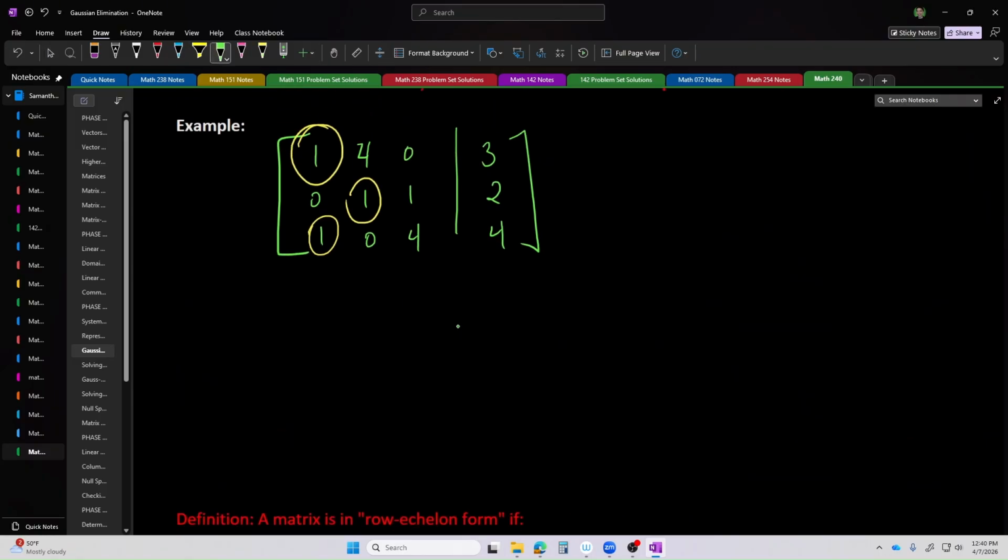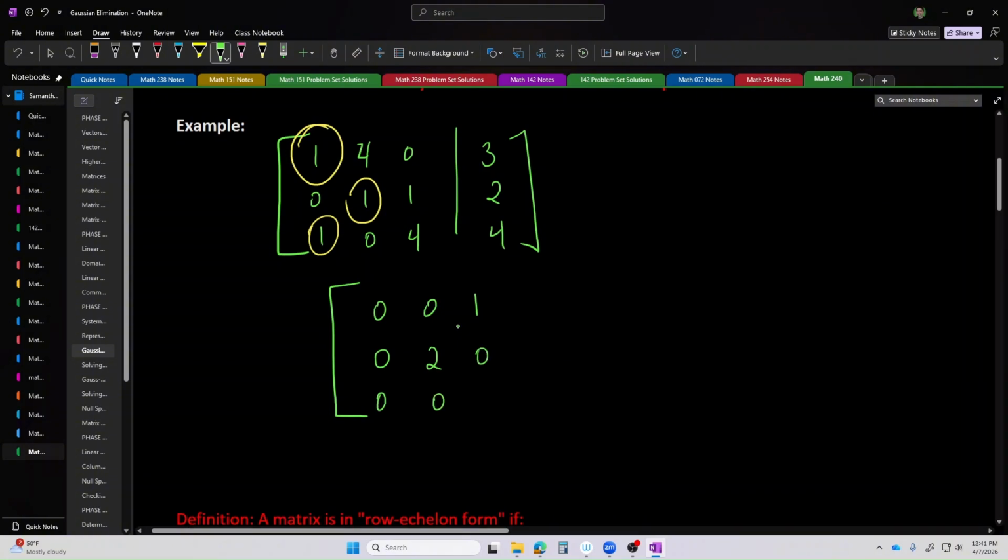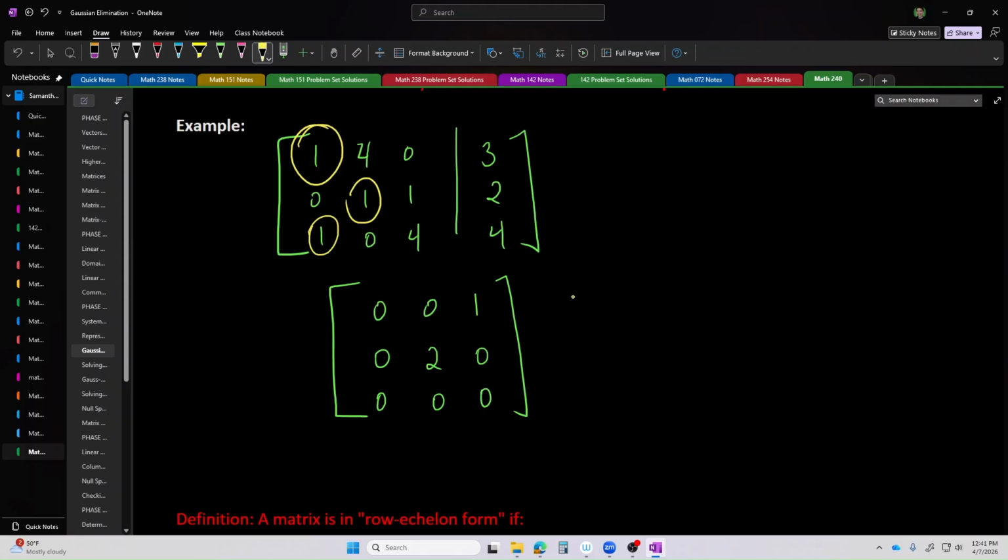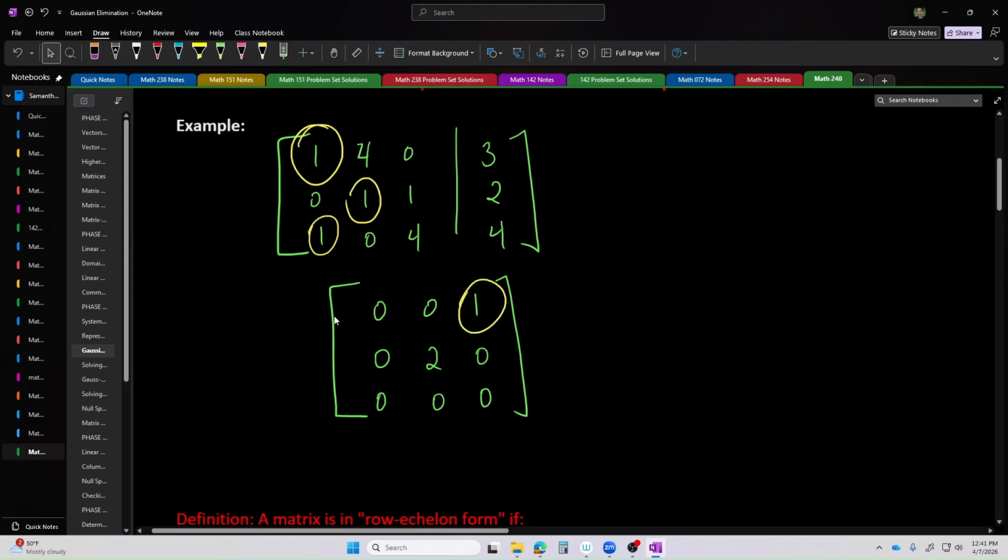You could also, for example, consider a non-augmented matrix. So something like, let's say, 0, 0, 1, 0, 2, 0, and 0, 0, 0. This particular matrix would only have 2 pivots. This first pivot here, 1, being the very first non-zero entry in the first row.